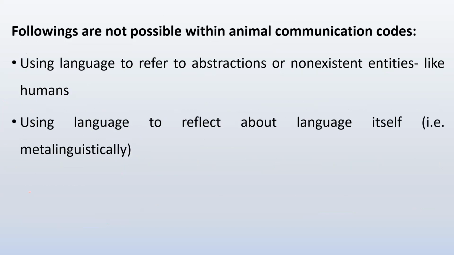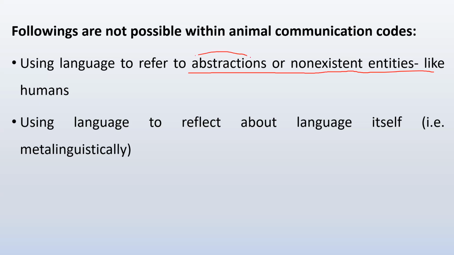So here, the following are not possible within animal communication codes. Not possible: using language to refer to abstractions or non-existent entities like humans do. So you need to be clear with abstractions or non-existent entities. We can't find animals referring to abstractions.